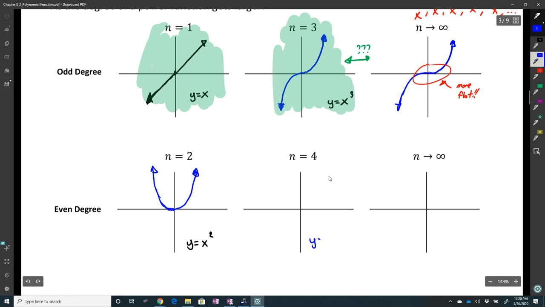Okay, now y equals x to the 4th, that's just a parabola with a fatter bottom, and it increases a bit faster. Because it looks like it doesn't go straight up, but anyway. So notice that here it gets flatter.